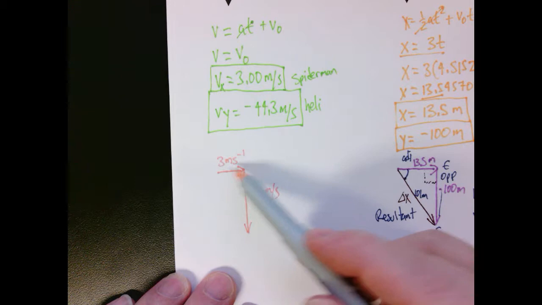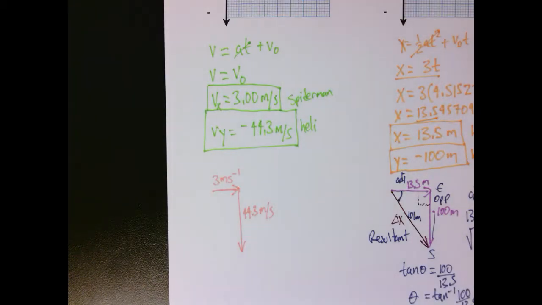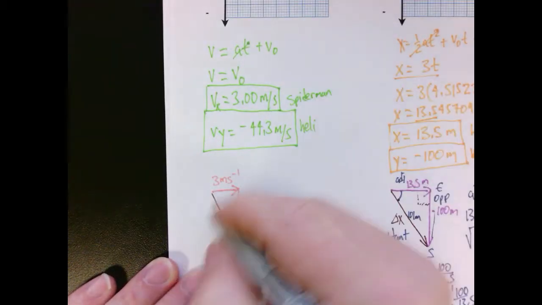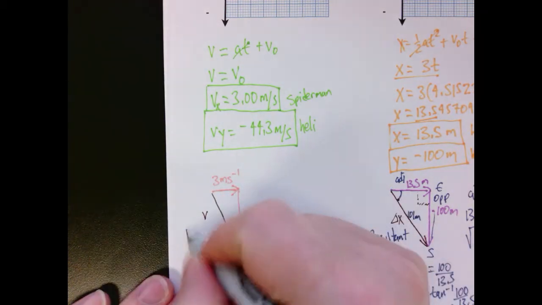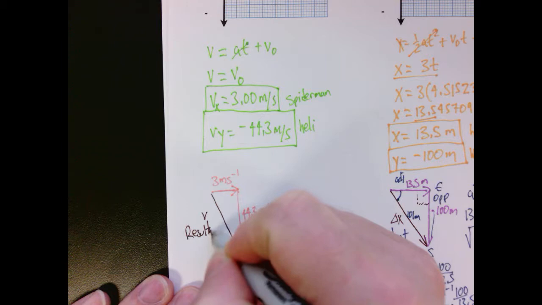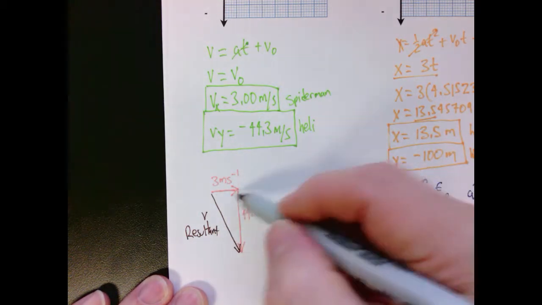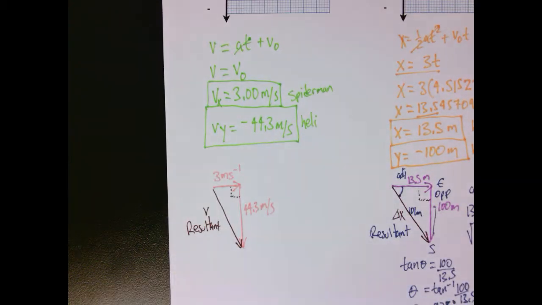Well, if I have 3 and I add 44.3 to it, the resultant velocity is going to be the sum of this velocity and this velocity. This is a right angle, and we can solve for that velocity.